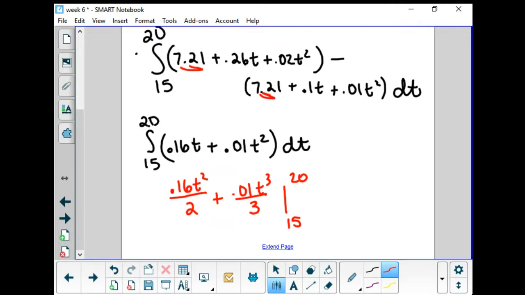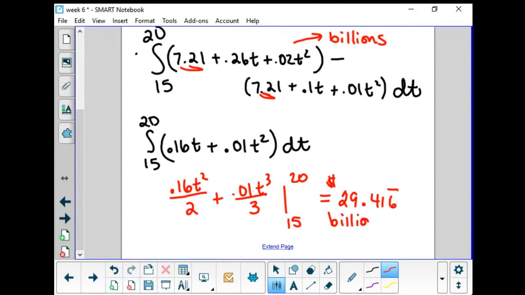We're going to plug in the 20. We're going to plug in the 15. These were, I'm sorry, I didn't clarify these. These were in billions of dollars. And so if we end up calculating this integral, if I plug the 20 in, I get that value, and I plug the 15 in, and I get that value, and I subtract them, I'm pretty sure we're going to get 29.416 repeating.